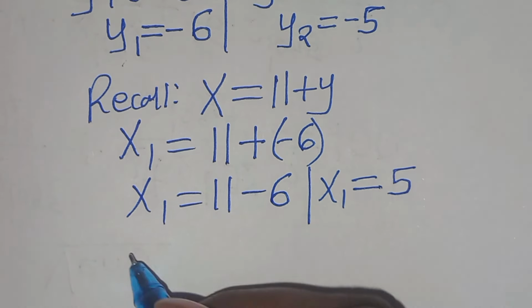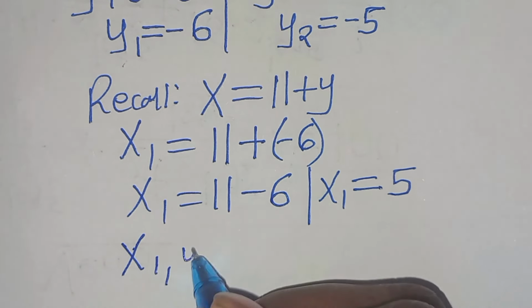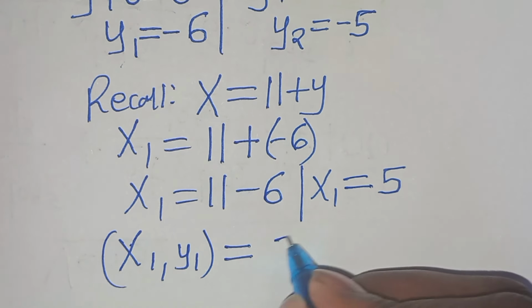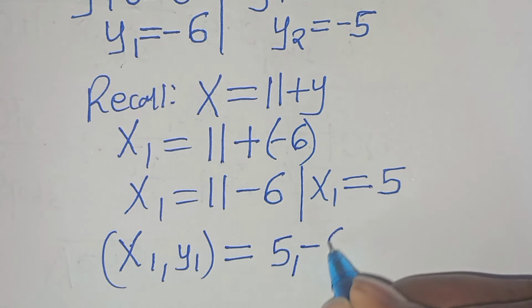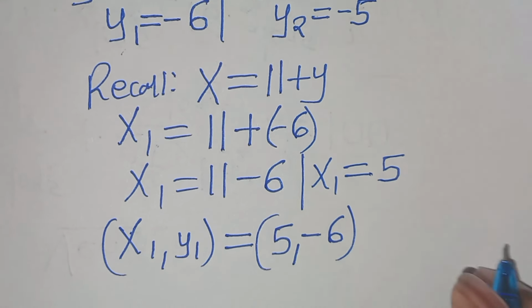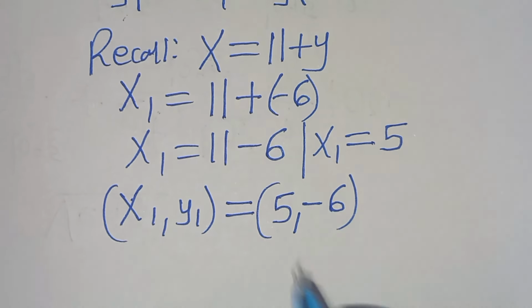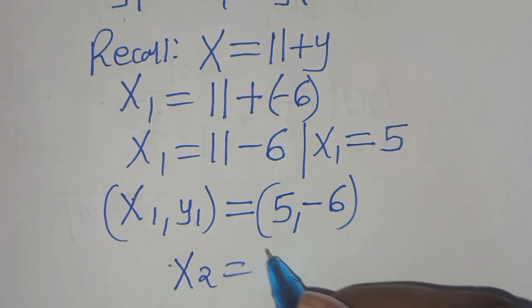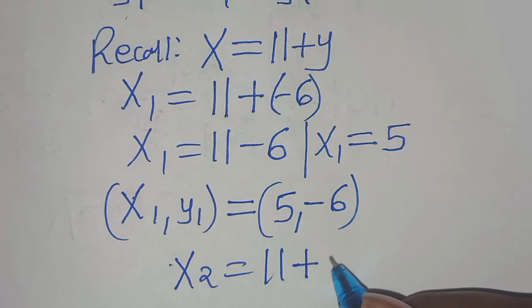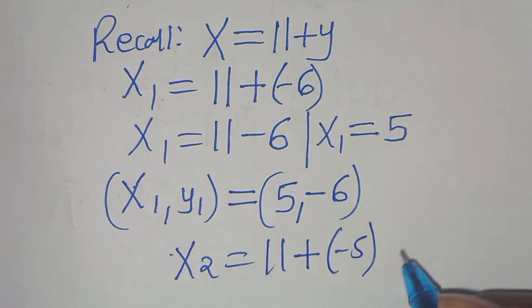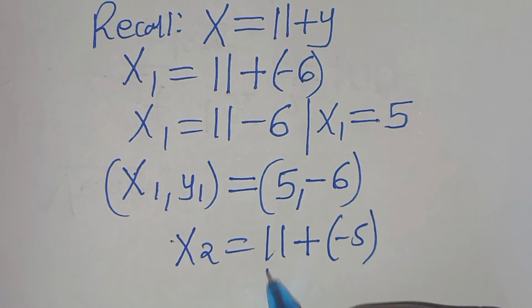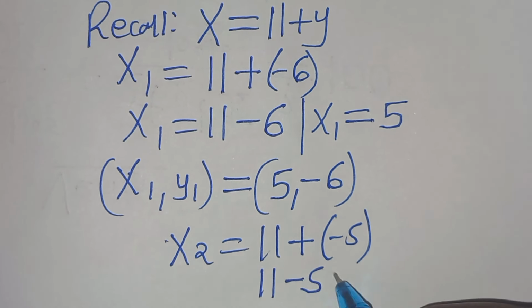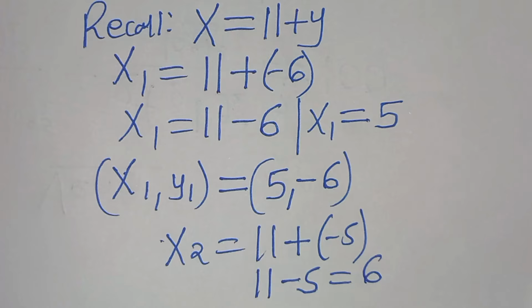So x1, y1 is equal to 5, minus 6. Now for y2, x2 is equal to 11 plus y2, which is minus 5, so this is 11 minus 5, which is equal to 6.